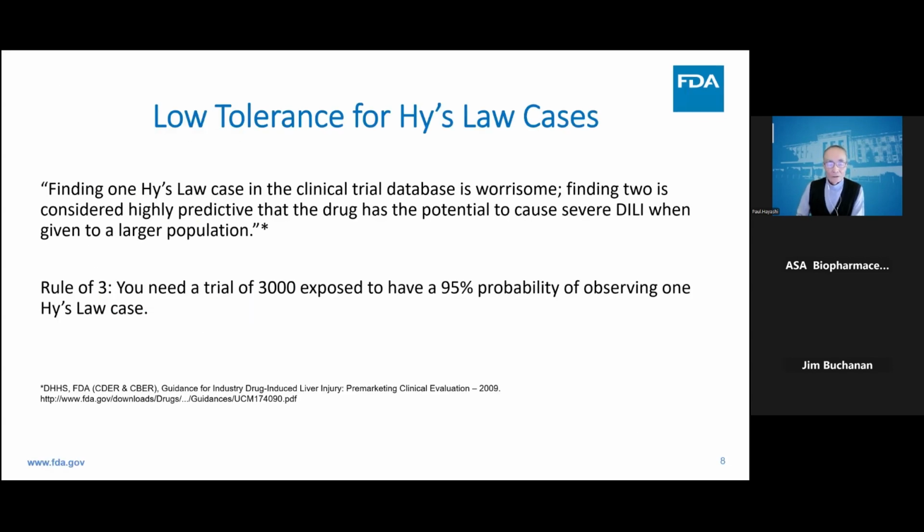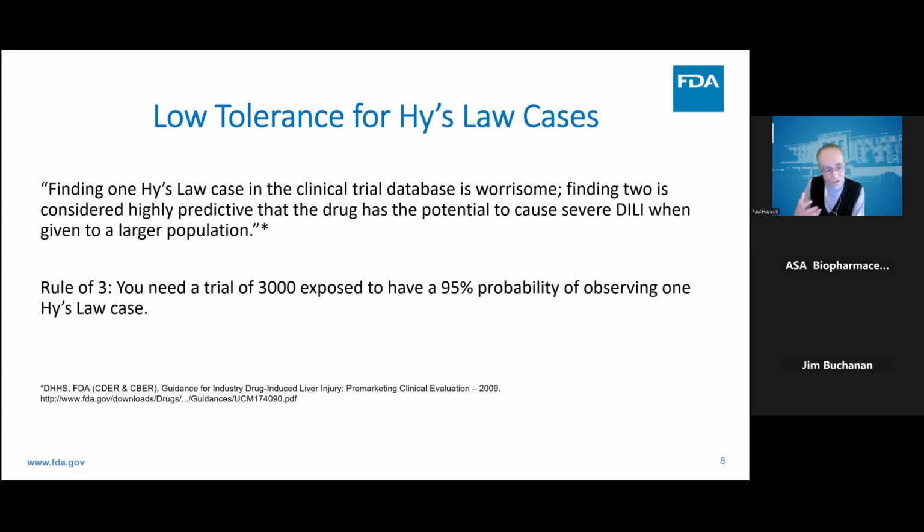So from that was developed this statement that is now in the FDA 2009 guidance. Basically, the guidance suggests there's a low tolerance for Hy's Law cases, suggesting that finding 1 Hy's Law case in the clinical trial database is worrisome. Finding 2 is considered highly predictive that the drug has the potential to cause severe DILI when given to a larger population.